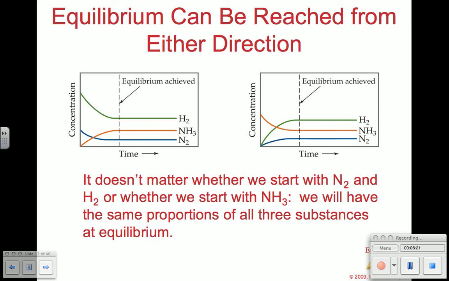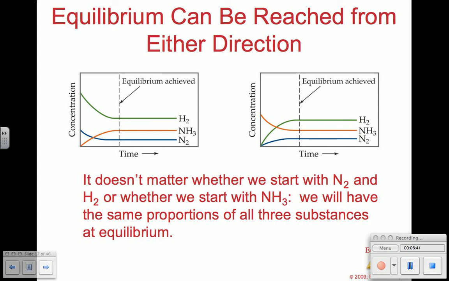So if you start with all reactants, then the reaction will go in the forward direction until it reaches equilibrium. Now let's say you start with all products, then the reaction is going to move in the direction of the reactants, so in the reverse direction, until they reach equilibrium.